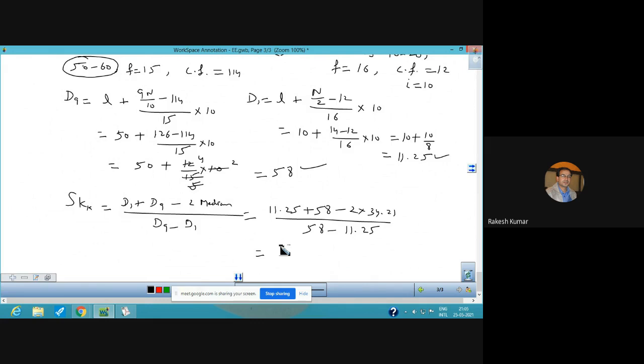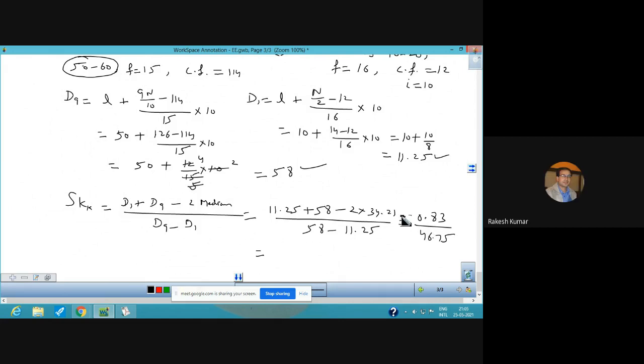So you just need to calculate the values. That is 11.25 plus 58 minus 2 multiplied by 34.21. It comes out to be 0.83, and we divide by 58 minus 11.25, that is 46.75.